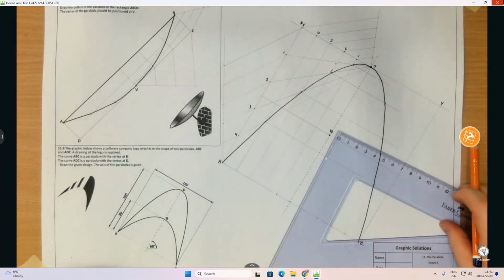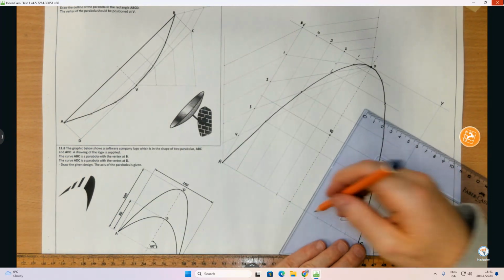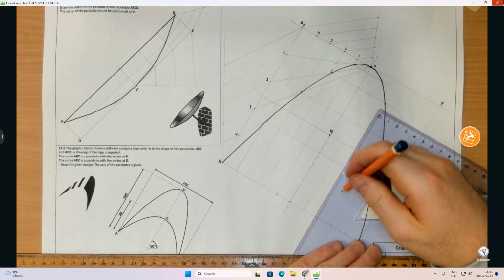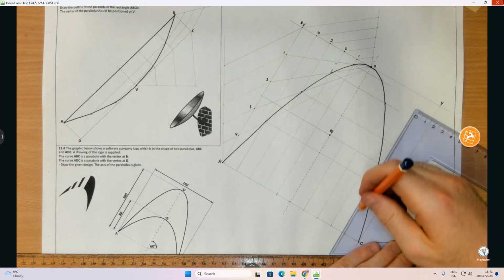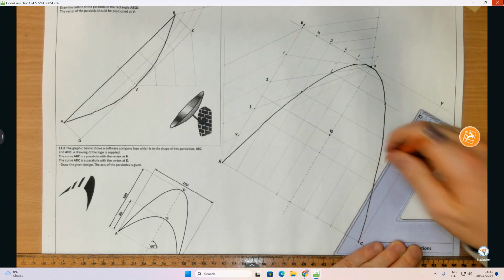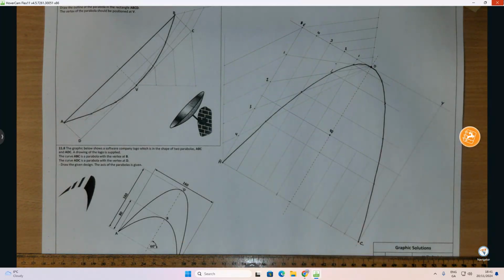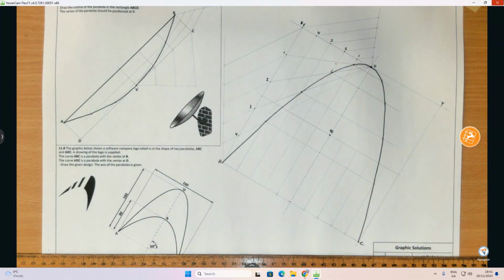And now I'm going to do my line going like this upwards. Okay, so we've done it now on the right hand side.